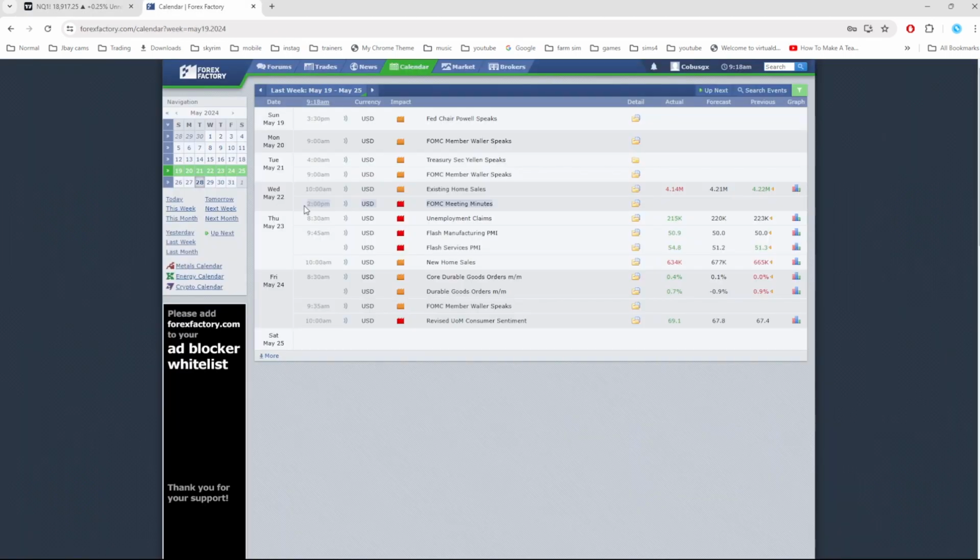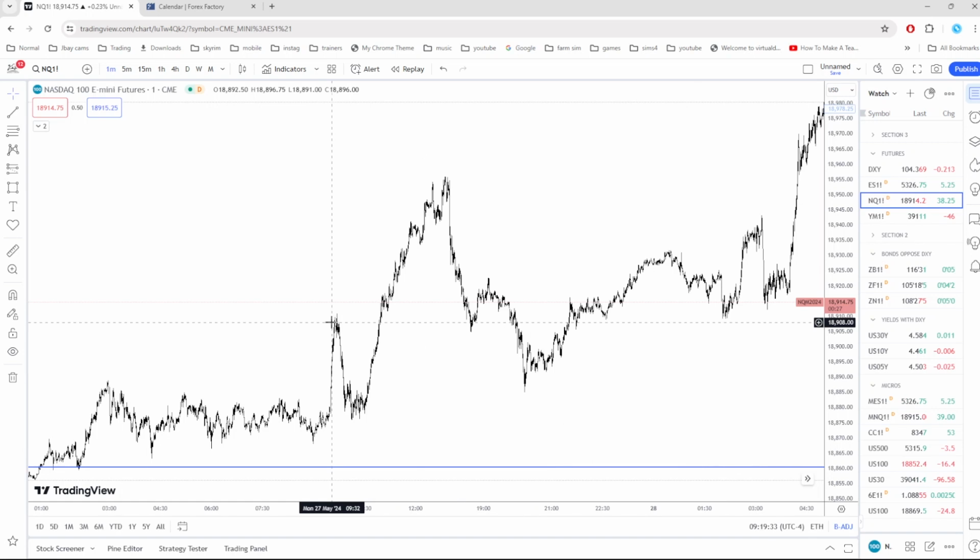I was on a 15-minute chart, and I was looking at this specific area, and we were talking about how on Wednesday you would have the FOMC meeting minutes at 2 p.m. Before that, Monday, Tuesday and Wednesday morning, you would not really be looking to trade anything, because that would be more chop, more mess, more erratic price action moves, which you would not be looking to engage in.